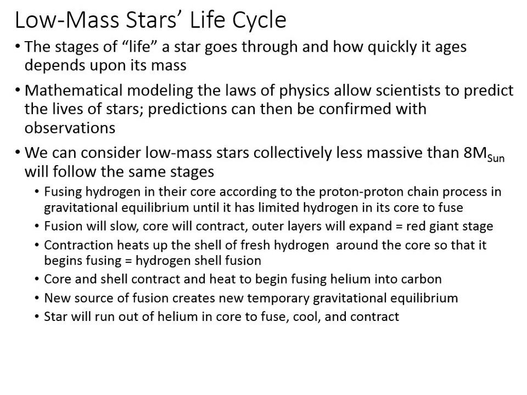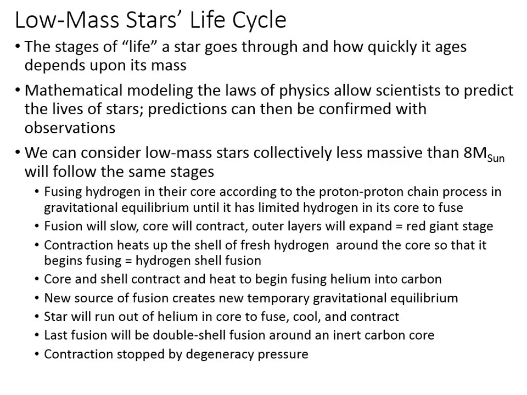Two more things yet for our sun to do. The corpse will end up as what we call a white dwarf, a retired star. On the HR diagram, I won't do the whole diagram, but here's my mini HR diagram.